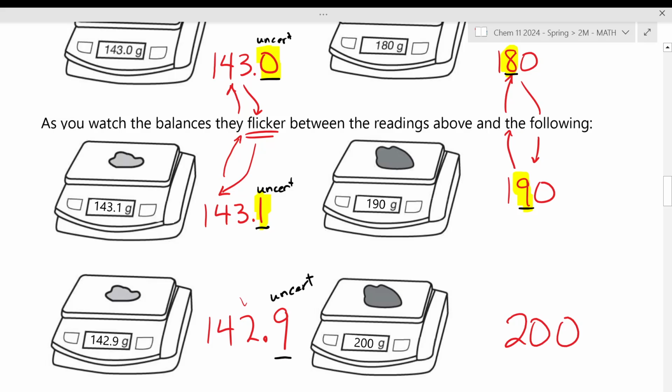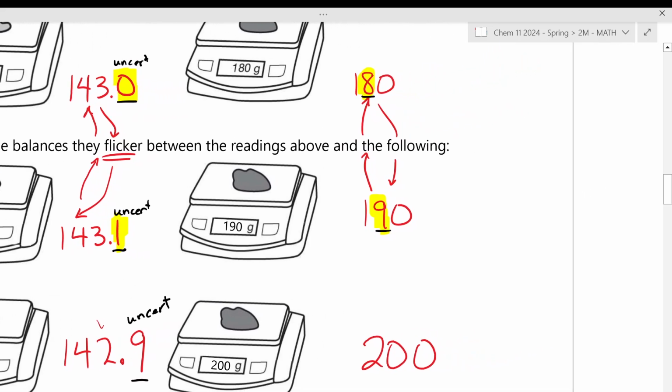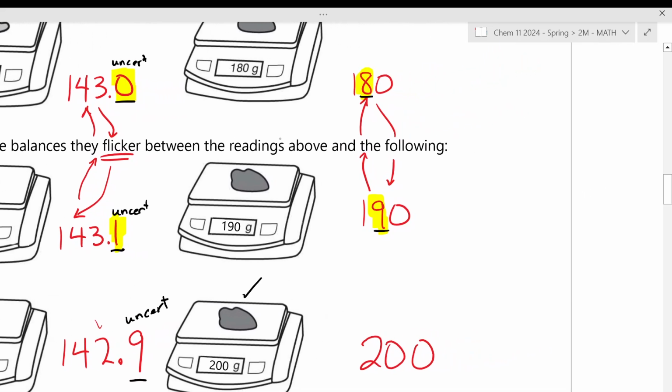I would like you to tell me, this is the same balance here, here, and here. How many sig figs in that number 200? Think about that. Chat with your partner over it.